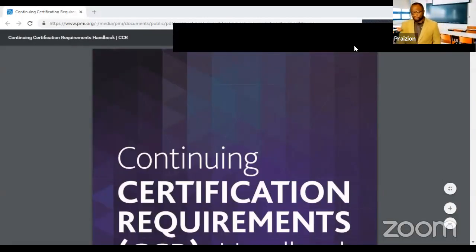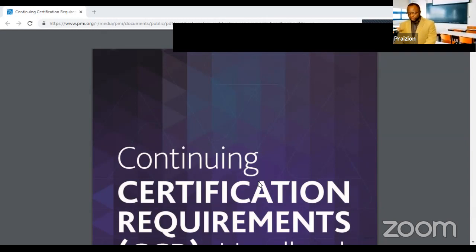So let's go straight to the PMI certification requirements handbook here. And I just want to point out a few things that will help guide this student in the right direction, or should I say PMP in the right direction, because this is someone who is a PMP.